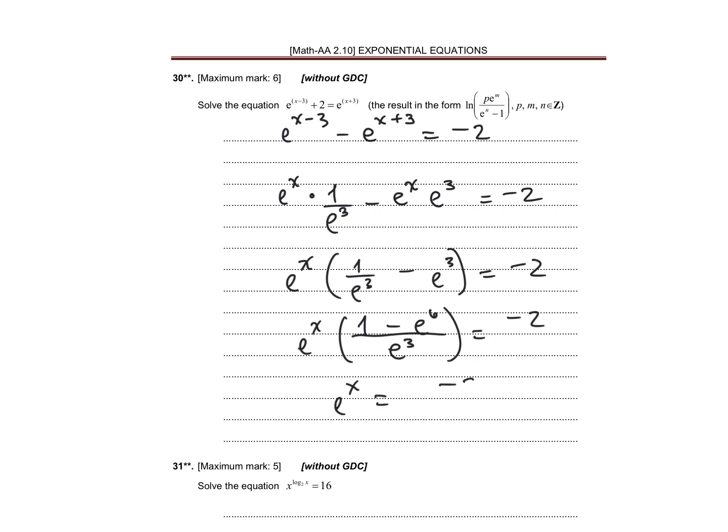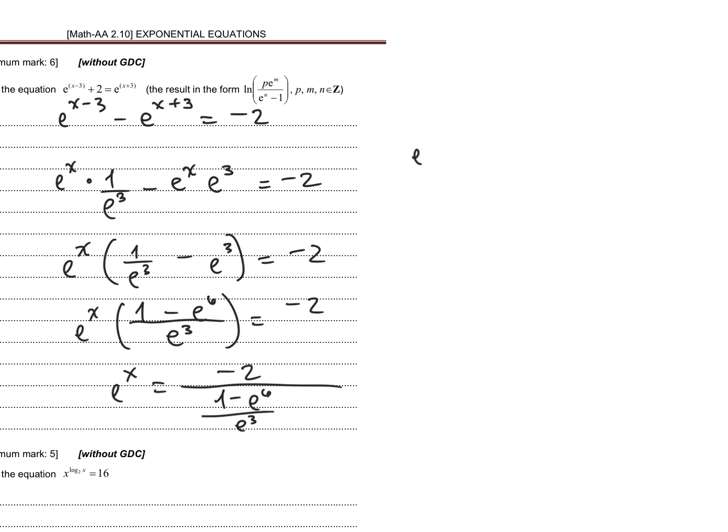So now we can do negative 2 over that thing, which is going to be negative 2 e to the 3 over 1 minus e to the 6 when you flip and multiply.